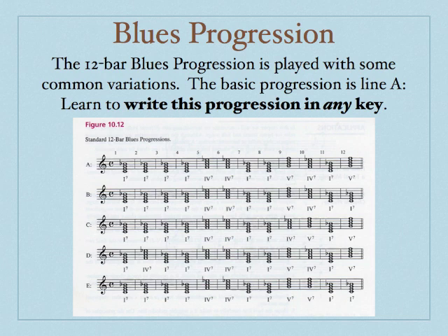And the basic progression is you use a 1 chord for 4 measures, and then a 4 chord for 2 measures, a 1 chord for 2 measures, and then a 5 chord for 1 measure, a 4 chord for 1 measure, and then a 1 chord for 2 measures, unless you're going to do it again, which we do over and over and over again, in which case measure 12 is a 5 7 chord, and that'll take us back to the 1 chord. In this example, every chord can be a 7th chord, and so it just adds to the bluesy quality of the music.